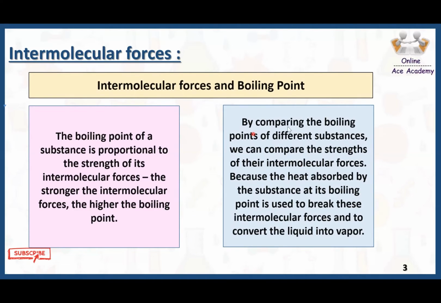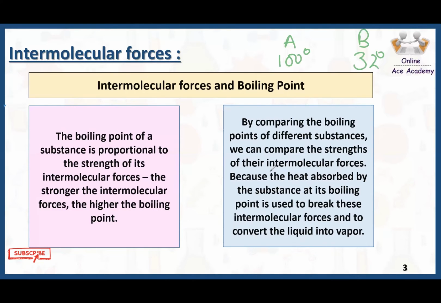On the other hand, by comparing the boiling points of different substances, we can compare the strength of their intermolecular forces. Say, for example, here we have a molecule A and here we have a molecule B. The boiling point of molecule A is 100 degrees Celsius and the boiling point of molecule B is 30 degrees Celsius. Now, what does that mean?